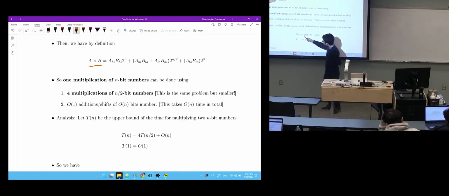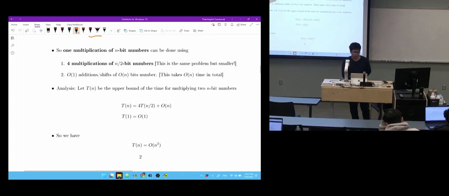You need to do 4 multiplications of numbers of half the size, plus something that takes just linear time, right? And if n is 1, then that just takes constant time. And once you have this equation, you just need to solve this recursive equation and see what happens.